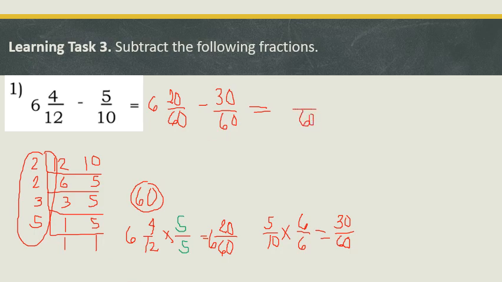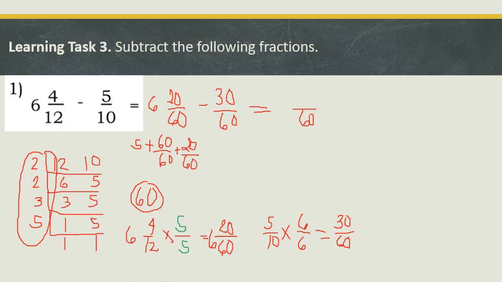Pero, magkakaproblema tayo sa numerator. Since yung minuend natin, yung 20, hindi pwedeng minusan ng 30 kasi maliit lang yung 20. So, ang gagawin natin is manghihiram tayo sa 6. Kaya yung 6 ay magiging 5 plus 60 over 60 kasi yun yung 1 natin, yung hiniram natin, plus 20 over 60.